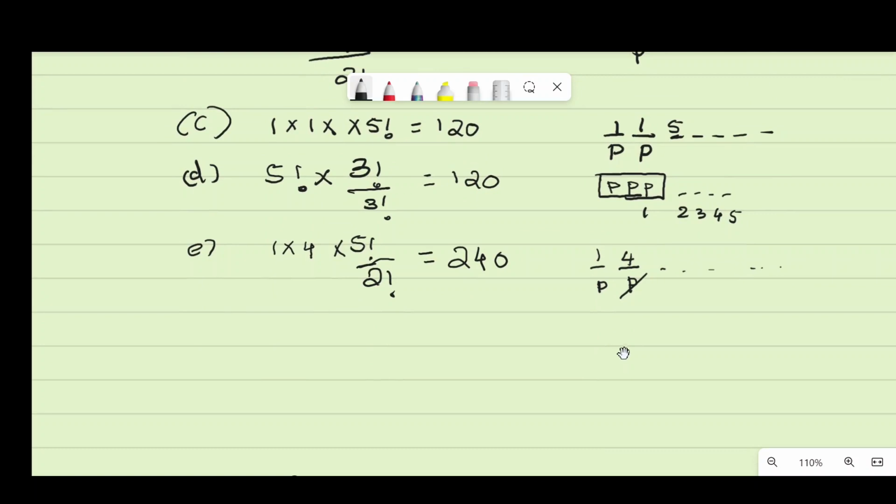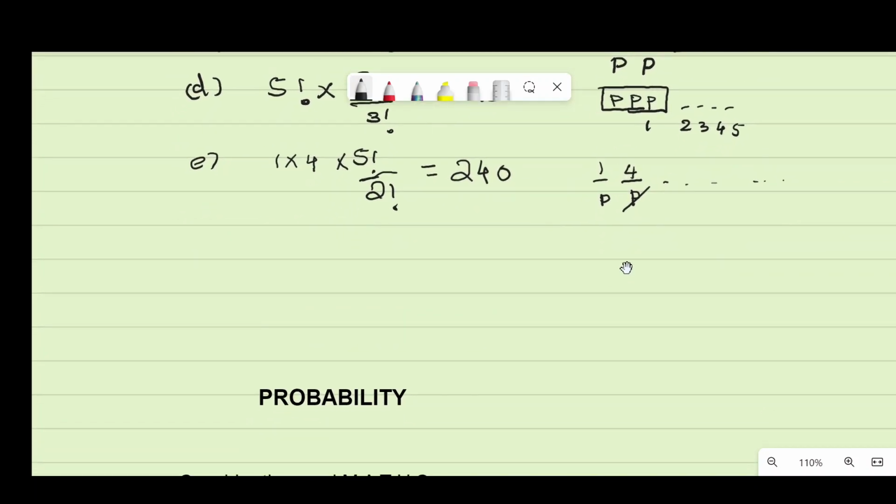Okay, now with this we are going to probability. Remember, in probability, the formula for finding the probability of any event is equal to the number of outcomes of the event divided by the total number of outcomes. We say total is the sample space, that's why we are using n(S).